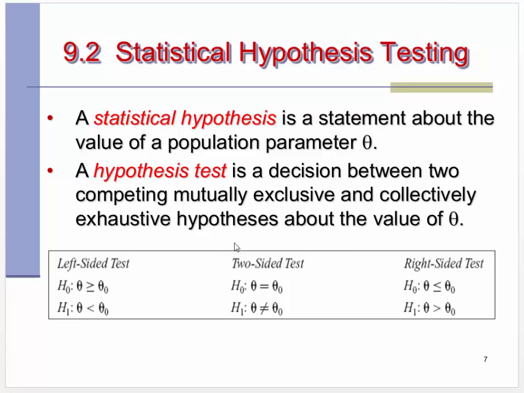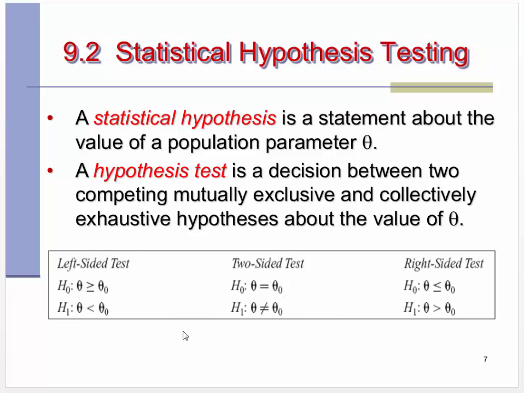For example, if you want to test to see if theta equals theta 0, that's the true population parameter, right? And that would be our H0 or null hypothesis, because normally that's the case. And the contradiction or alternative H1 is that theta does not equal theta 0. And in this case, we call it a two-sided test.